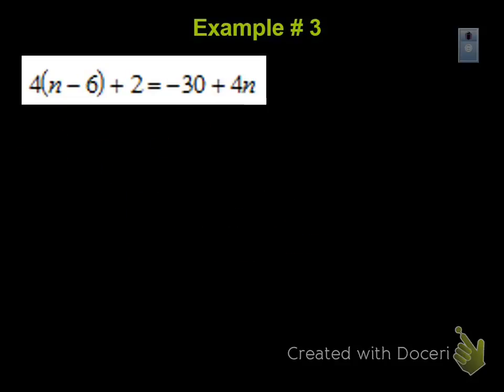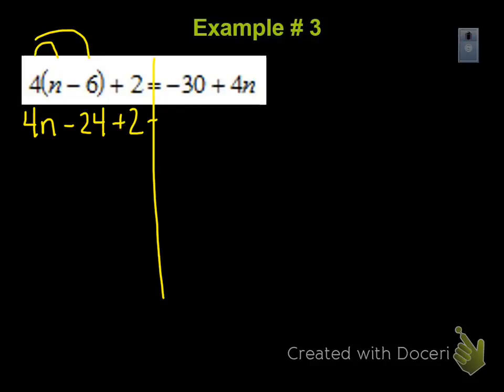All right, let's take a look here at the third and final example. Okay, we want to draw our line here to make sure we keep our two sides equal. I again have parentheses, so I want to make sure I distribute that 4 to the n and to the negative 6 to get rid of those parentheses. So that would give me 4n minus 24 plus 2 equal to negative 30 plus 4n.